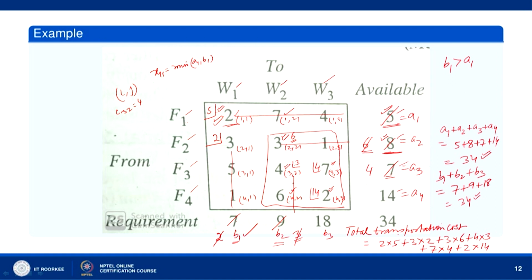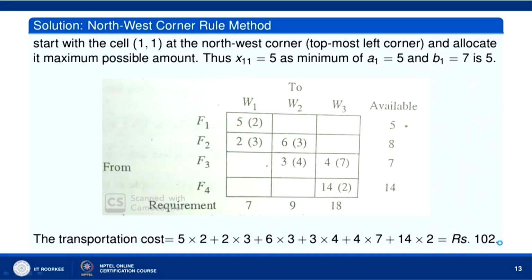So, how much is that? 10, 6, then 18, then 12, then 28 and then 28, which is 102. So, the total transportation cost is 102 rupees.